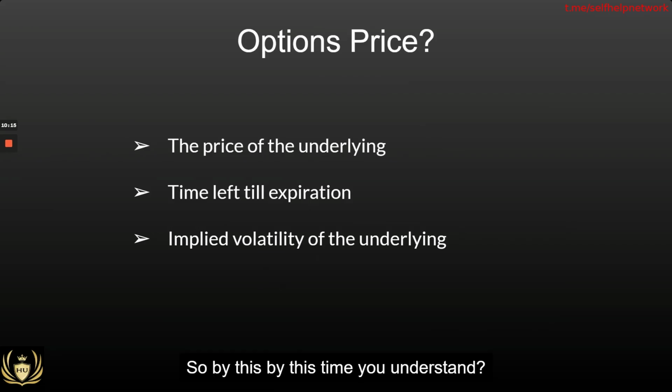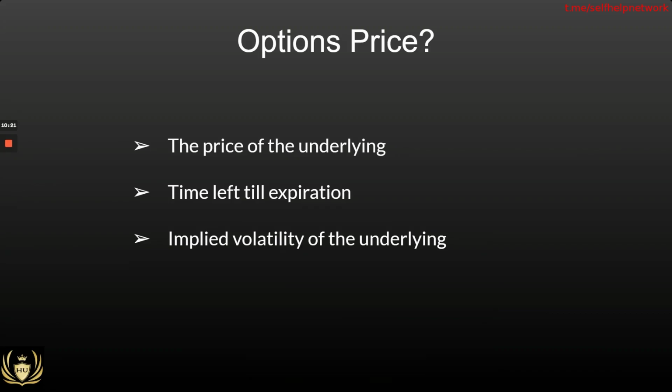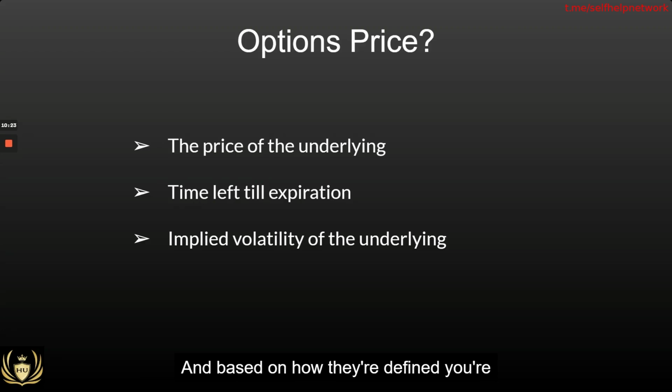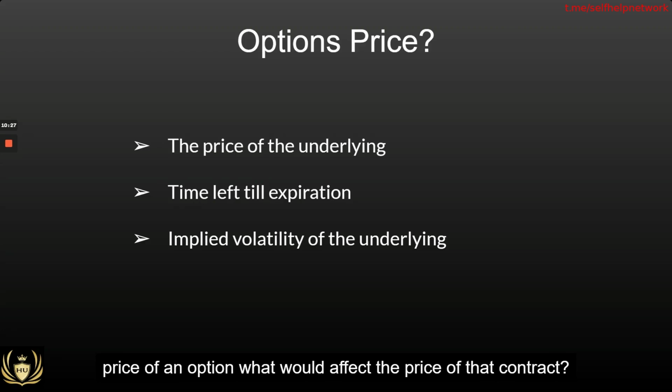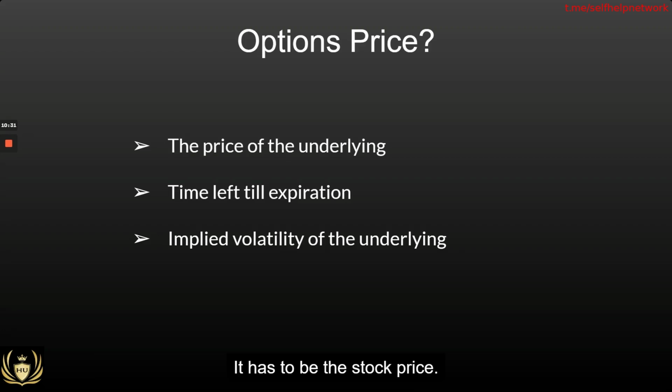So by this time, you understand what a call option is, what a put option is, and based on how they are defined, you're starting to understand what would affect the price of that contract. It has to be the stock price on which the contract is. In case of Apple, the stock price of Apple will affect the price of the option.